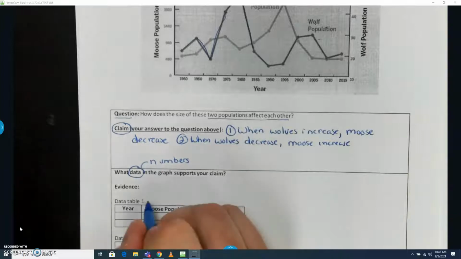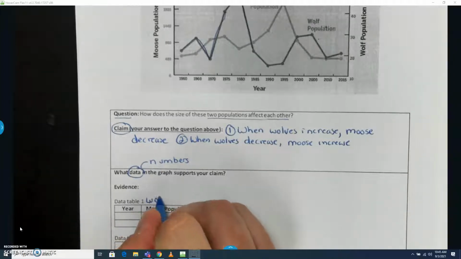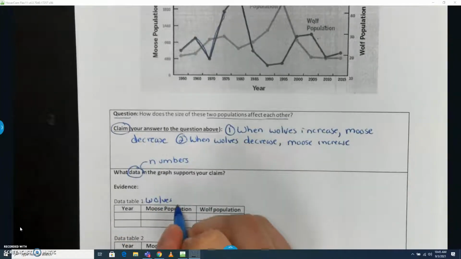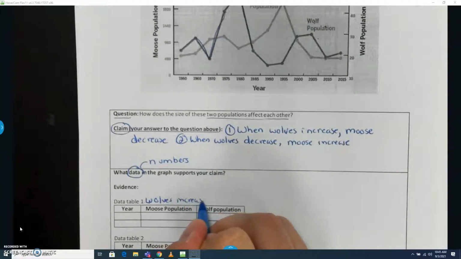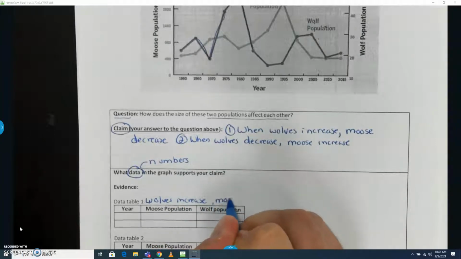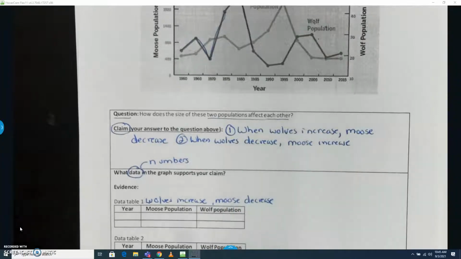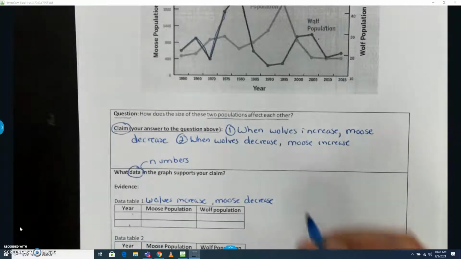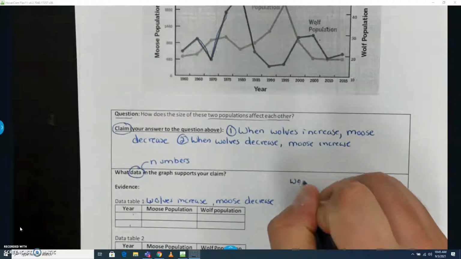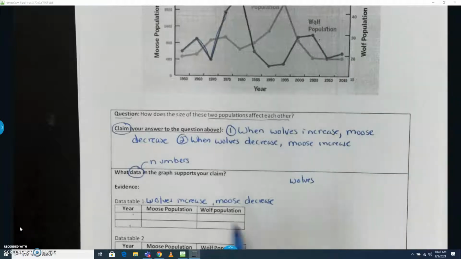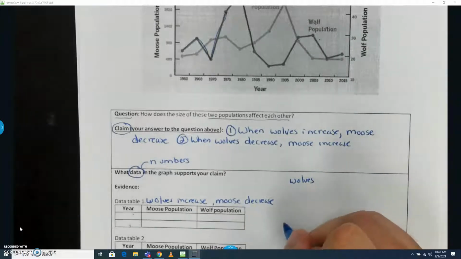When wolves increase, moose decrease. So I'm just going to make a note here so I know what this is. Wolves increase, moose decrease. So I have to be looking at 2 years in order to really support this. Again, we have the wolves, and we are trying to show that the wolves increase or go up.